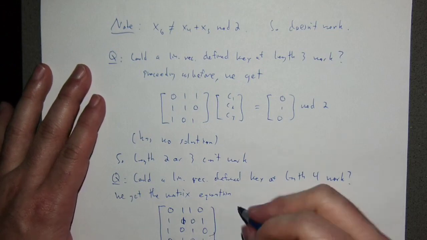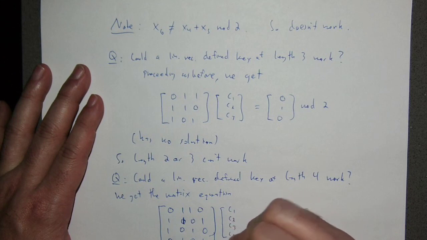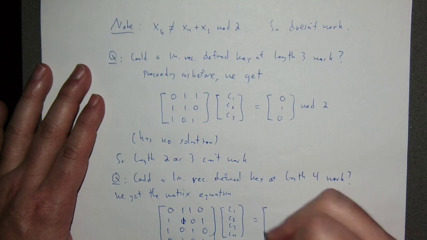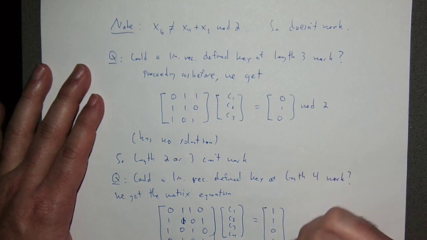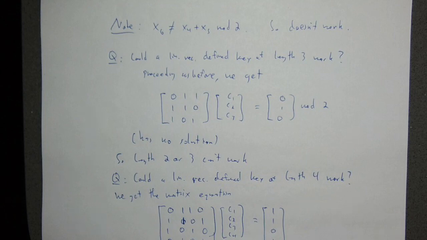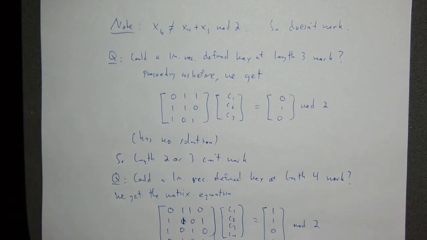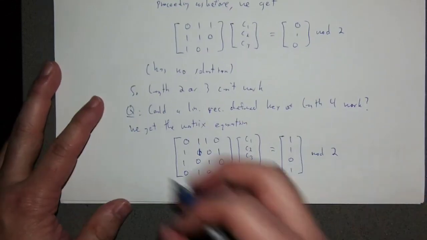That's the matrix times C1 through C4. And that is equal to 1, 1, 0, 1 mod 2. Okay. And it turns out this has a solution and everything matches up.